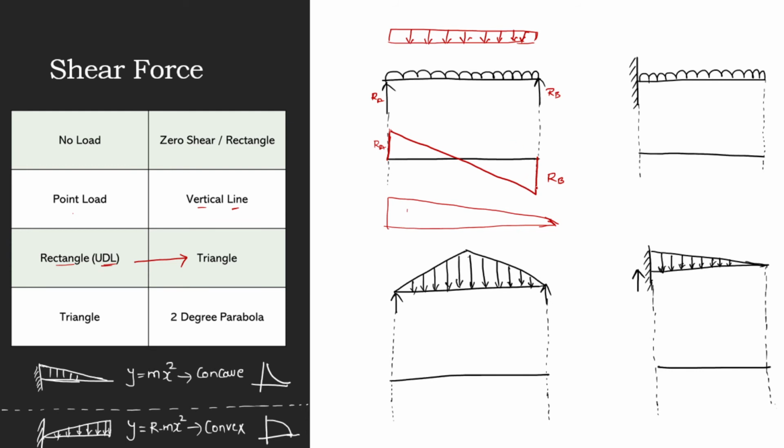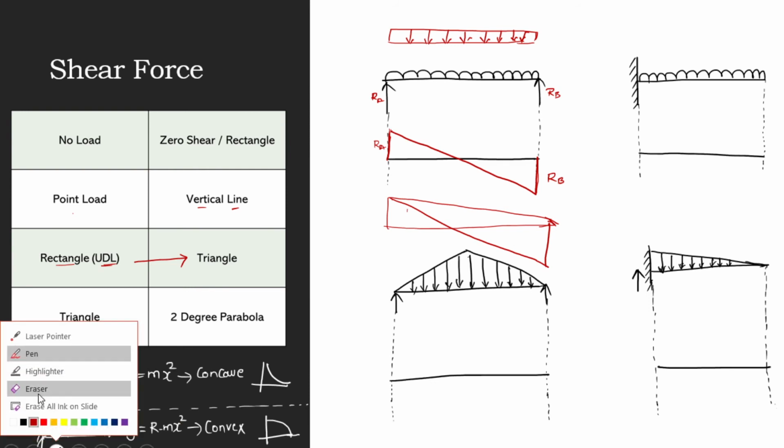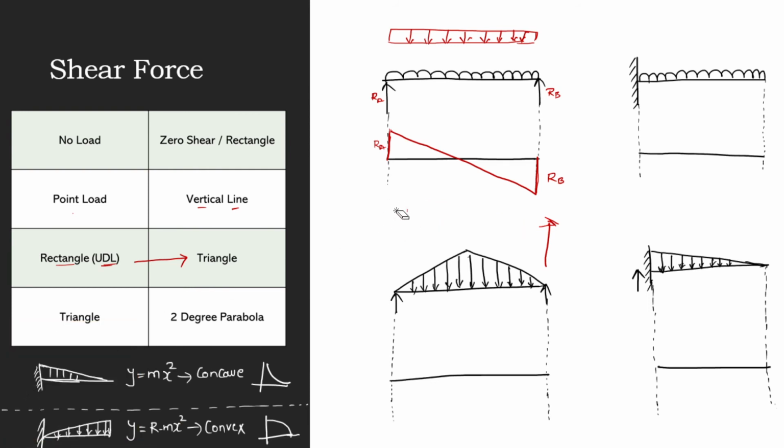So the reason is this. When you come down here, there is another point load at reaction B, then it will come back to 0. So it is not like this, it is actually in this direction, and it will come back to the normal position. So that's how the shear force diagram of this particular beam is. I hope this is clear.